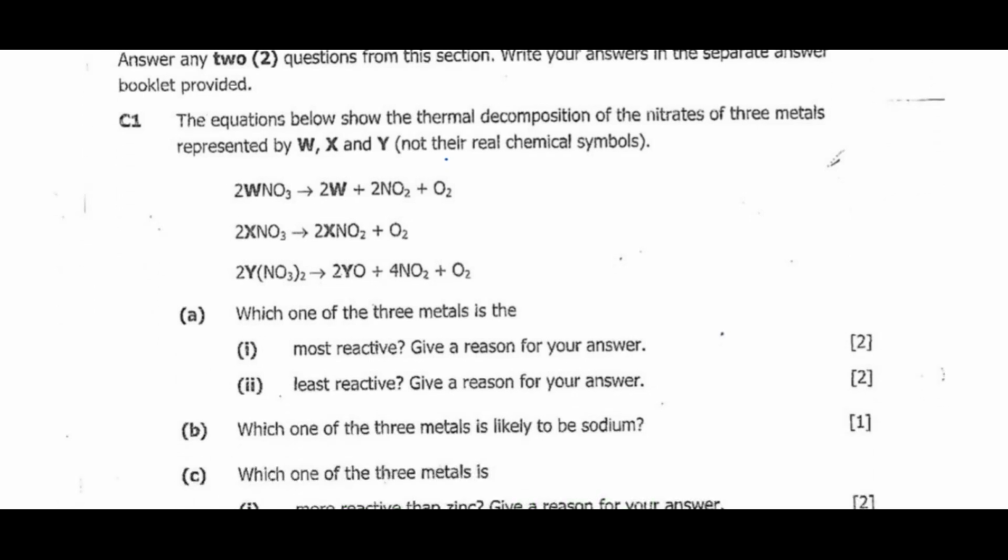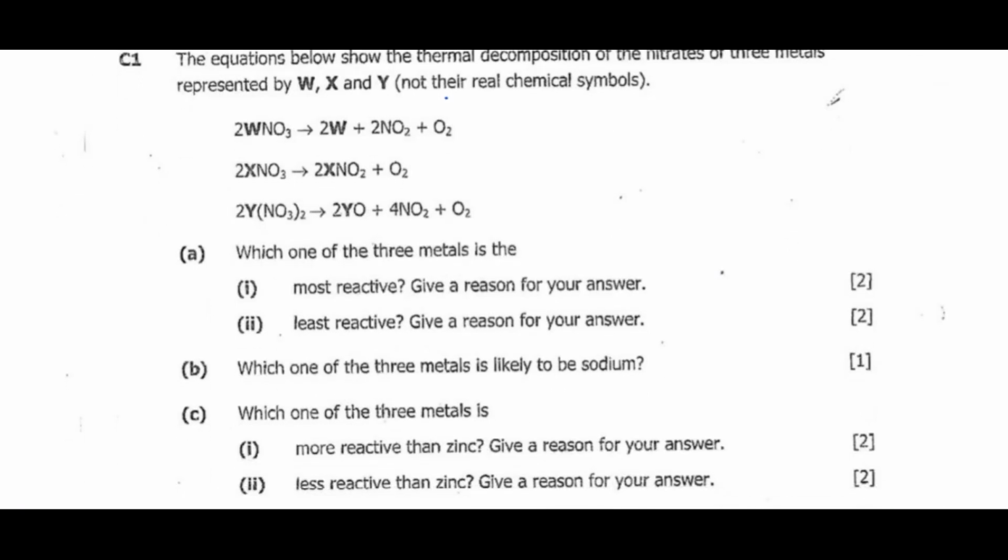The equations below show the thermal decomposition of the nitrates of 3 metals represented by W, X, and Y, not their real chemical symbols. Then A, which one of the 3 metals is the most reactive? So the most reactive is X, because it decomposes only partially.